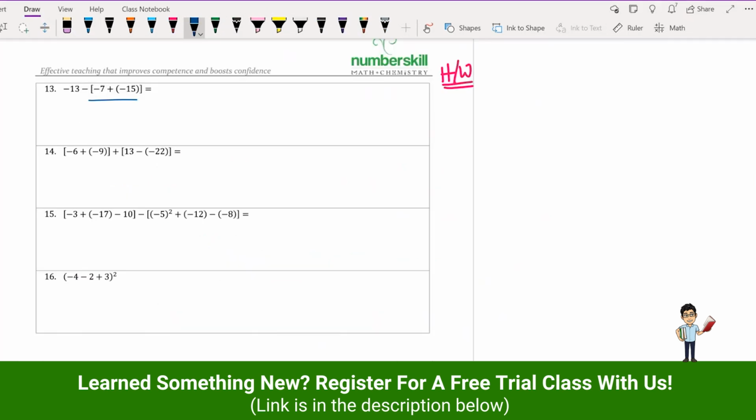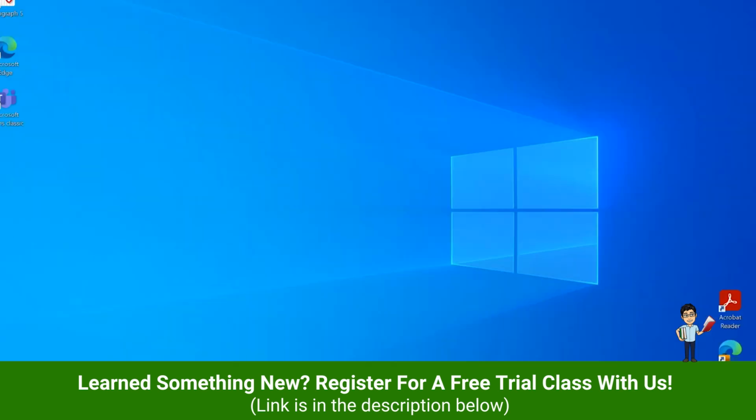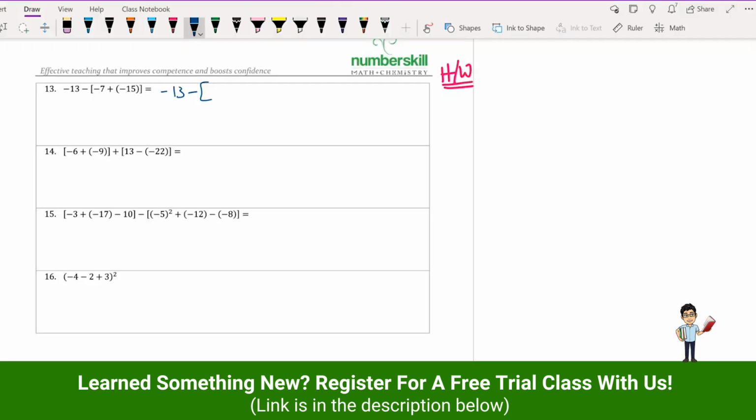Do the bracket first. So this one will become -13 minus some more. Inside the bracket, what we have is -7 plus -15. When you add a negative, you are not adding, so it's minus some more. No, not -8.